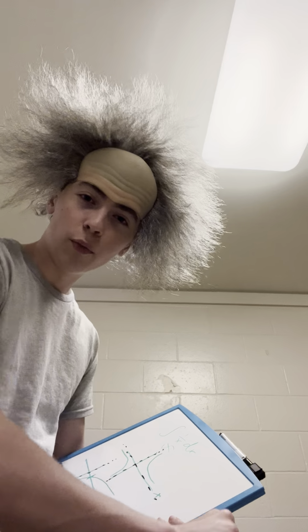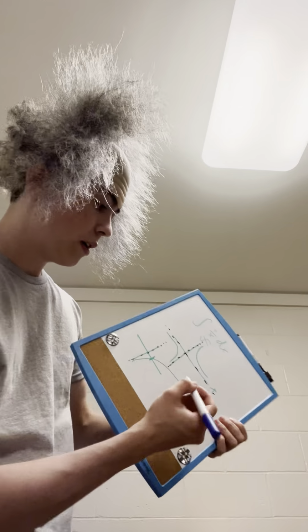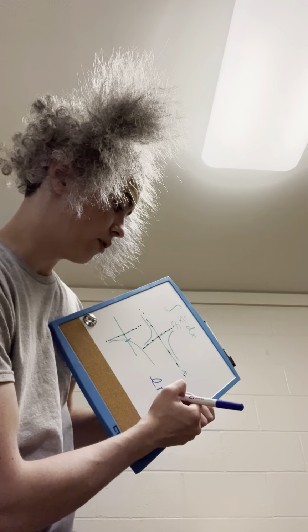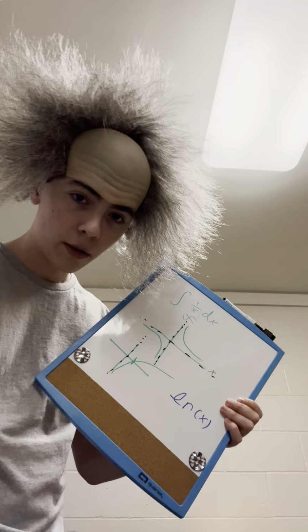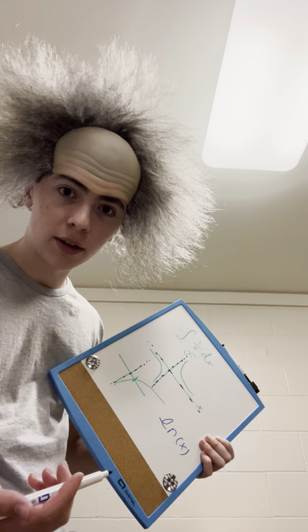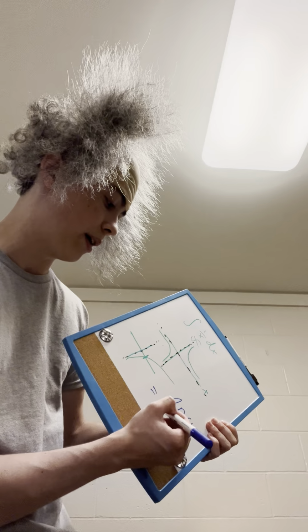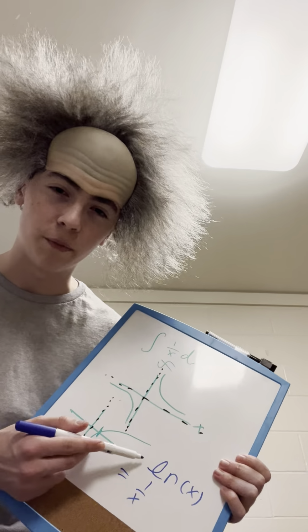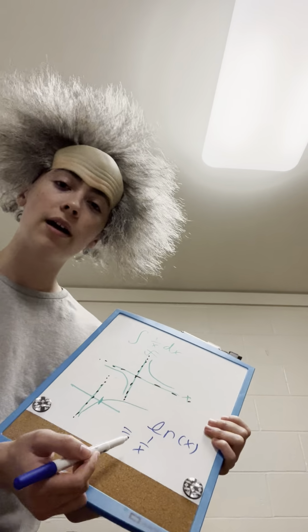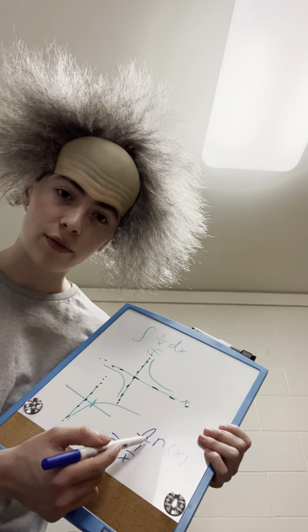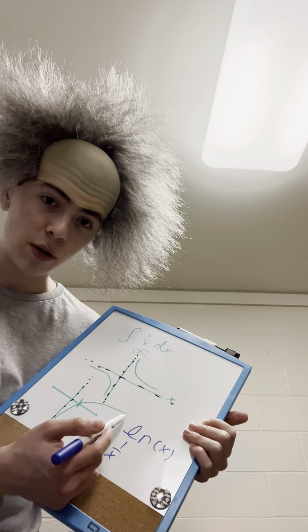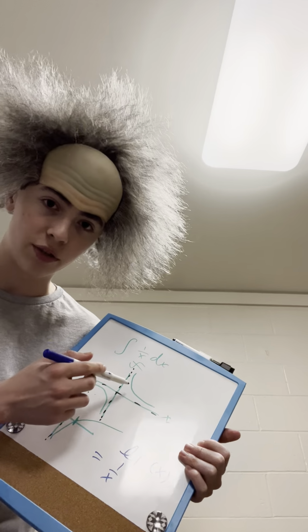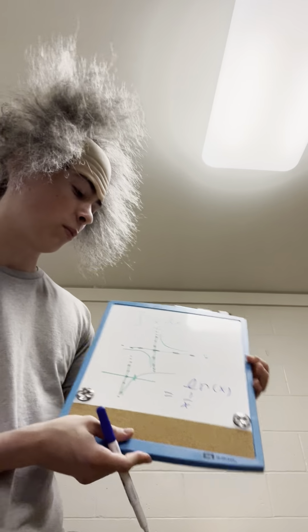If the integral of 1 over x dx is natural log of x, then what's the derivative of natural log of x? Well, if derivatives are just the backwards antiderivatives, I claim this is 1 over x. And so we know that the integral of 1 over x must be natural log of x, because the slope of the natural logarithm function can be represented by the rational function 1 over x, right?